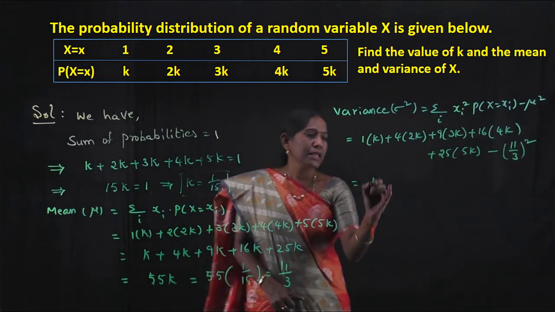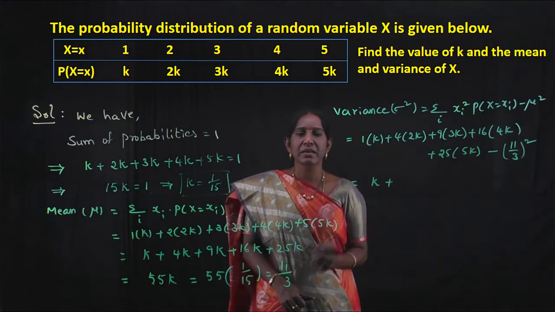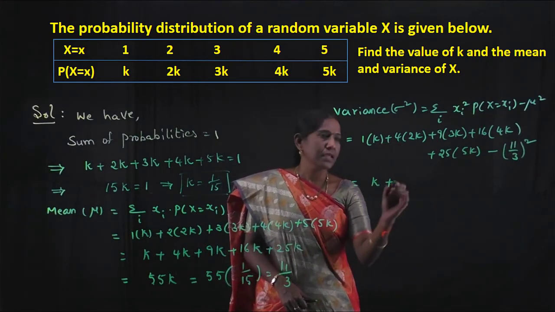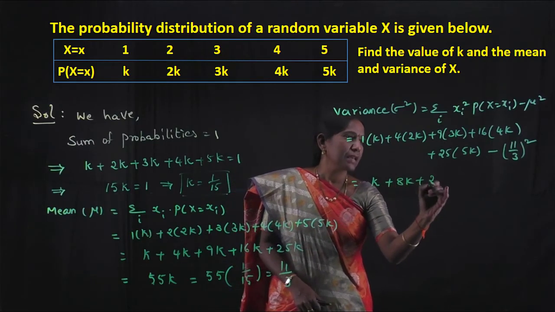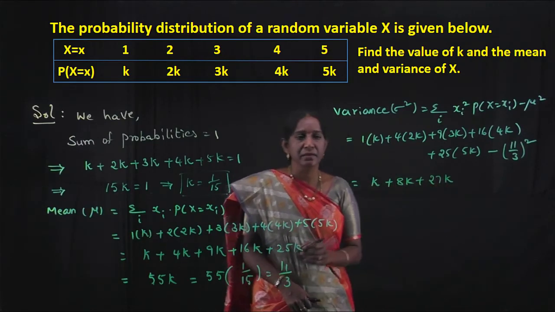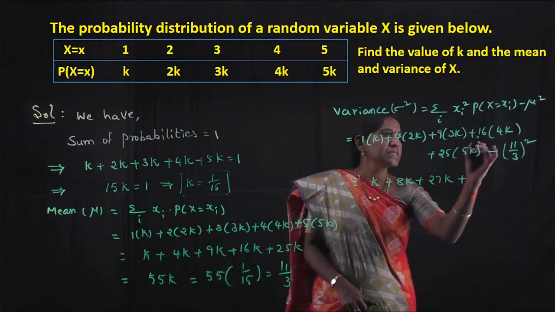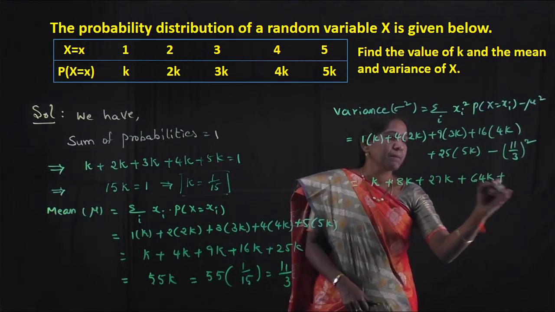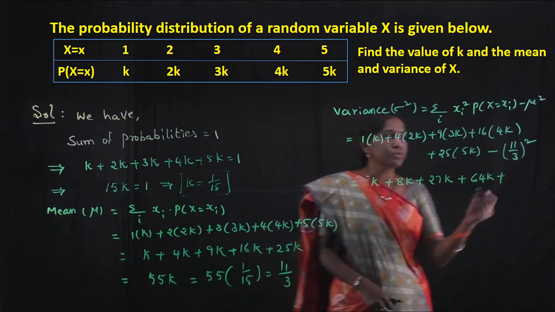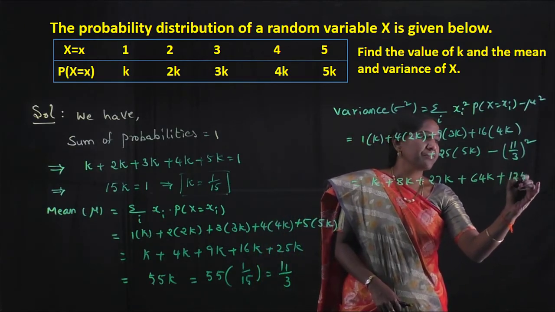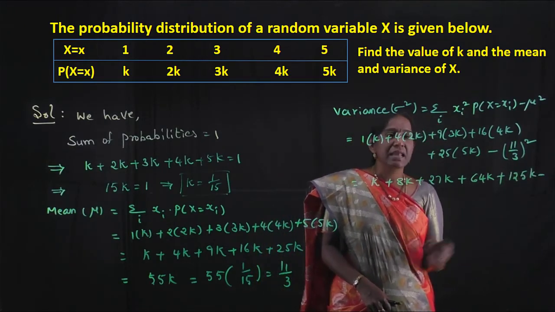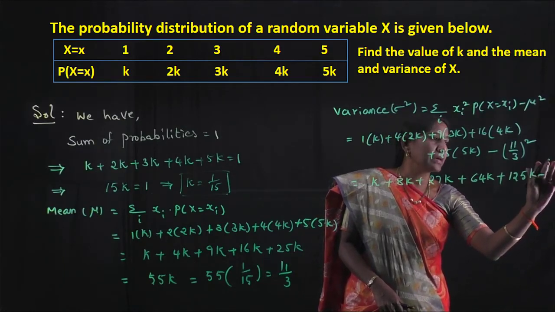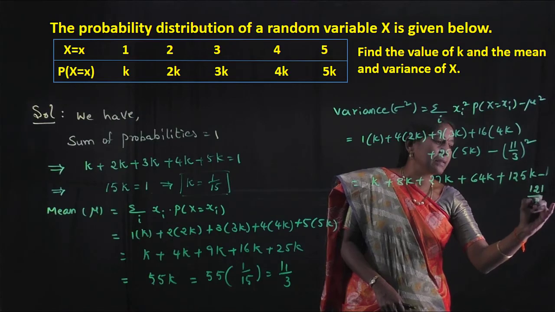So adding, 1 into k, plus 4 into 2k is 8k, plus 9 into 3k is 27k, plus 16 into 4k is 64k, plus 25 into 5k is 125k, minus 11 by 3 whole square is 121 by 9.